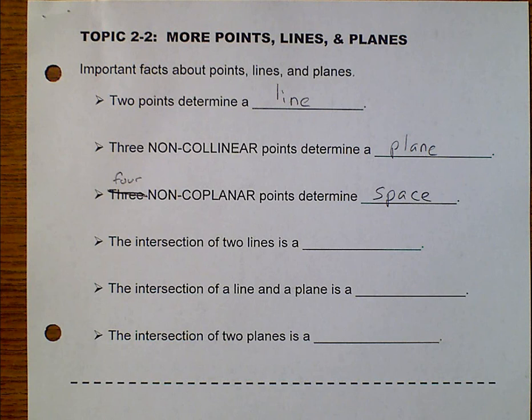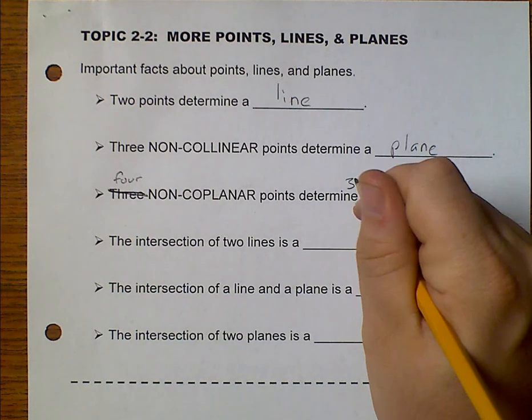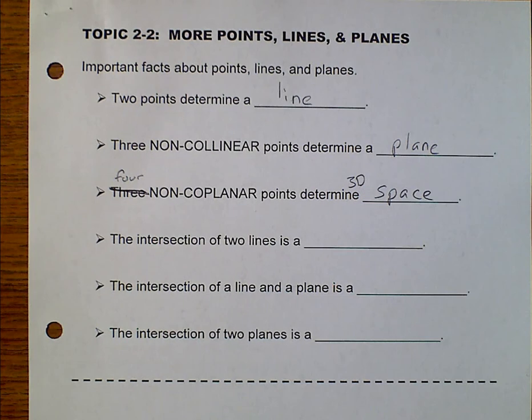So in order to determine a 3-dimensional space, I'm going to go ahead and write 3D space, I have to have at least 4 points, and they have to be not in the same plane, because any 3 points make a plane.